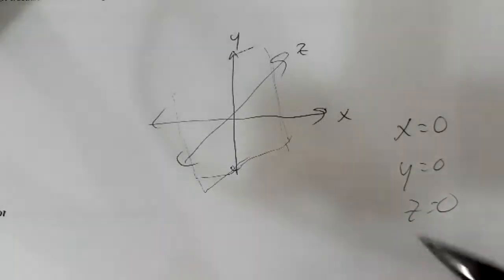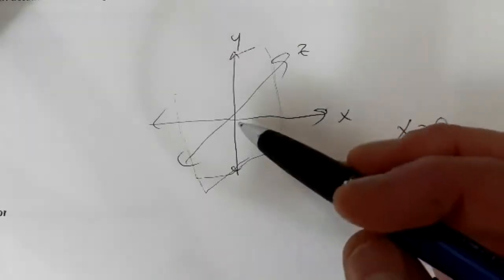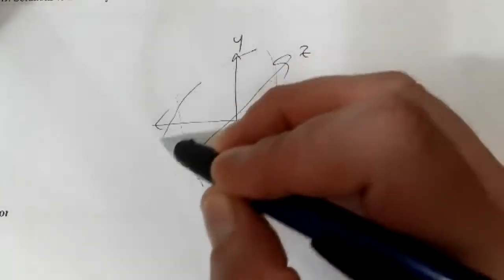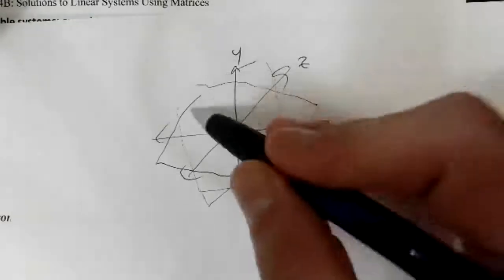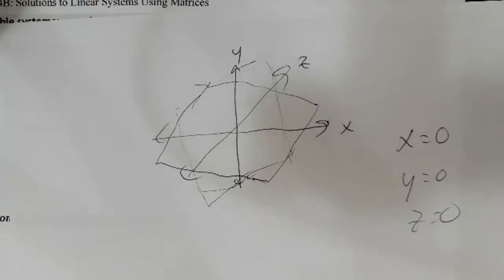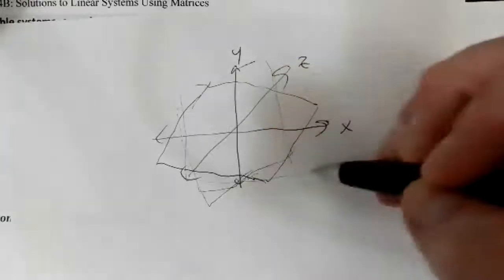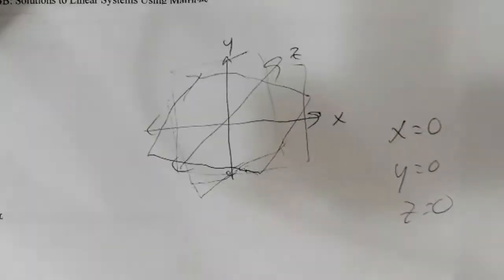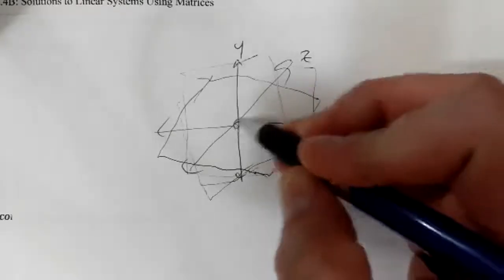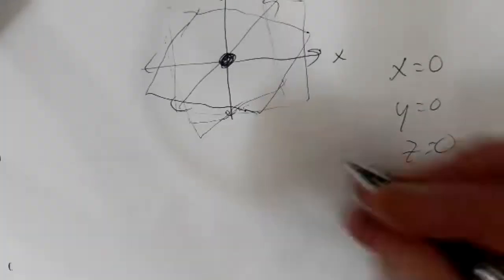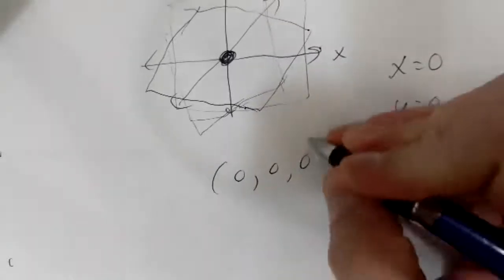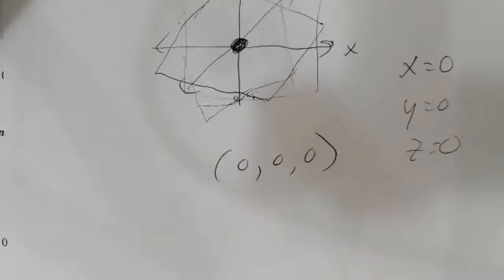The y equals 0 plane is everywhere that my y is 0, so that's everywhere right here, x and z. But my y is already 0, so that's the flat thing coming in and out of the paper. And then I have my z equals 0, which is the plane that is my x and y plane. And if I'm thinking about all these three planes, they're going to meet at exactly one spot, and that spot is going to be the origin in 3 space.